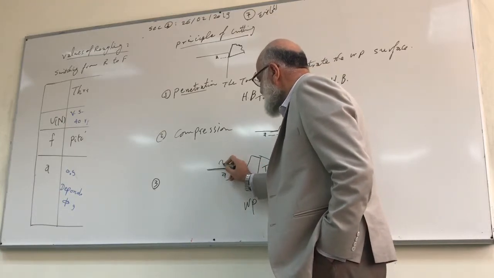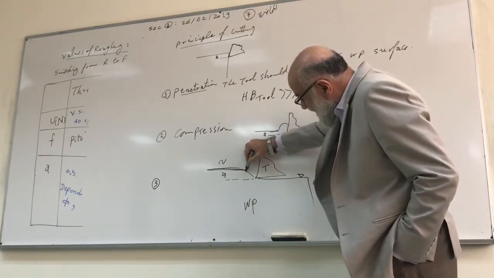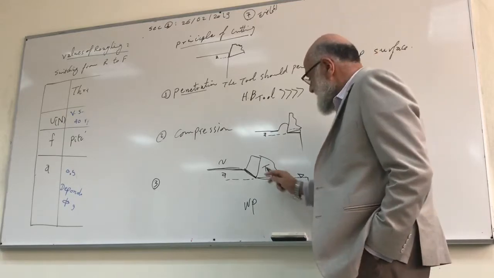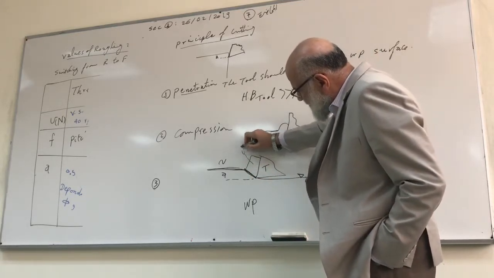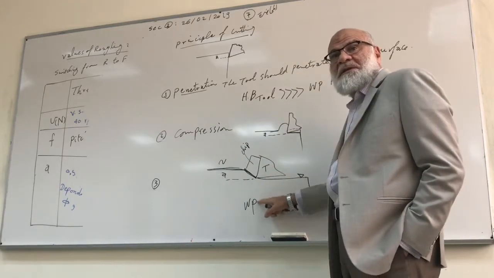This one is unmachined, that one is machined, and here is the section of connection between this part and that part. And part number 3 is the chip. We have the tool, the workpiece, and a chip.